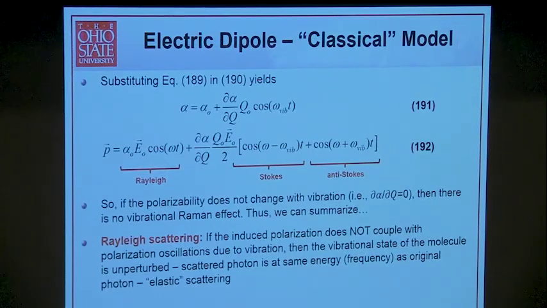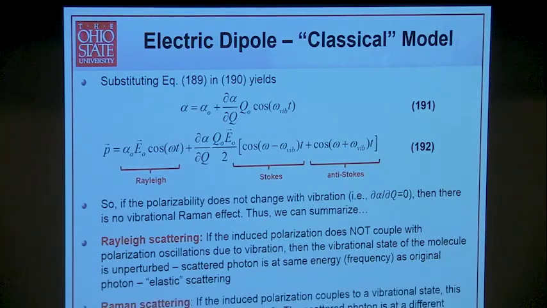If I do that, then I'm going to get vibrational Raman. If this thing is vibrating, and when I send an electric field nothing couples to it, there's no Raman effect. If that happens, then the scattered photon, this emitted dipole, is at the exact same energy or optical frequency as the original photon. This is quote-unquote elastic scattering.